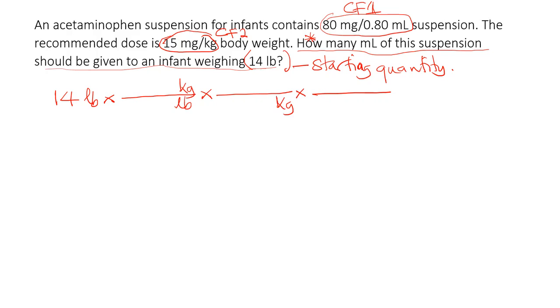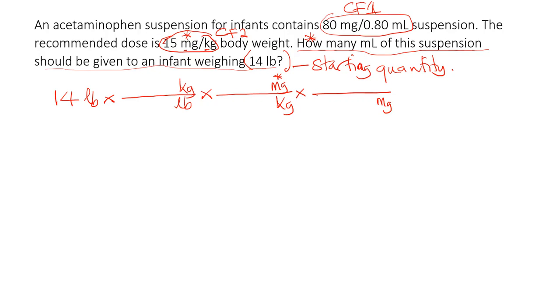So kilogram here goes with kilogram down here. Where does the kilogram come from? It comes from this conversion factor. So after kilogram here, we have a milligram. So you need to take a milligram up here. If you have a milligram up here, you need to have a milligram down here.